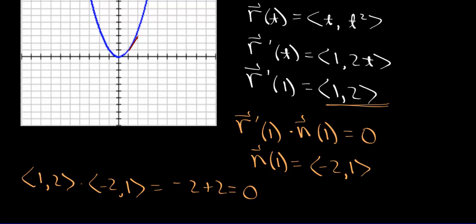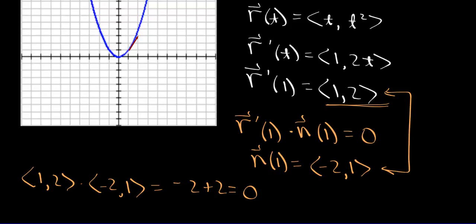Notice the similarity between these two vectors. Right now, we're just talking about a tangent vector and a normal vector in the plane. This one is 1, 2, and this is negative 2, 1. Notice that we have just swapped the x and the y and changed the sign of the first term. So that's something we need to pay attention to.